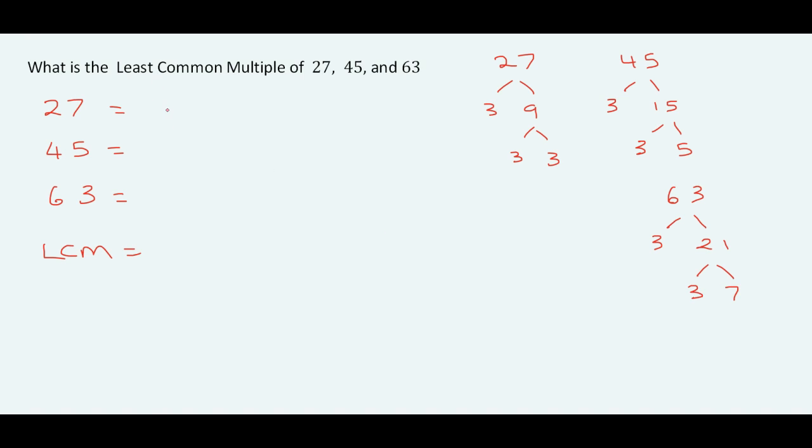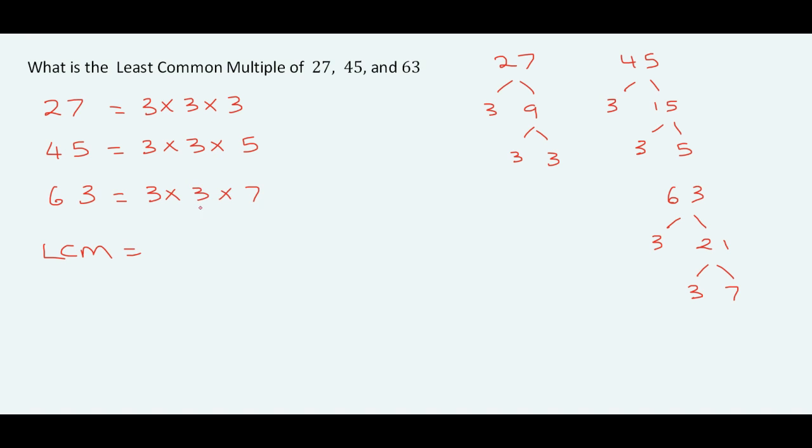So 27 is 3 multiplied by 3 multiplied by 3. 45 is 3 multiplied by 3 multiplied by 5. 63 is 3 multiplied by 3 multiplied by 7.